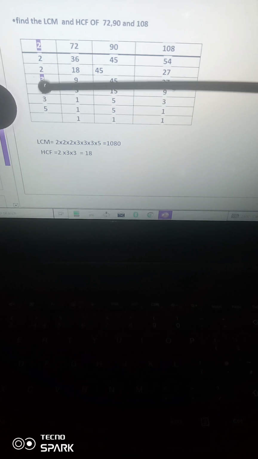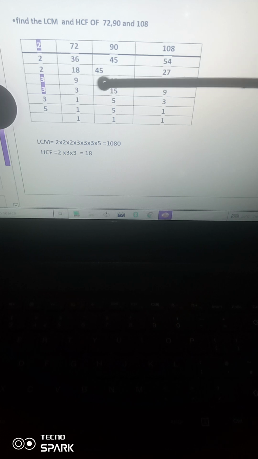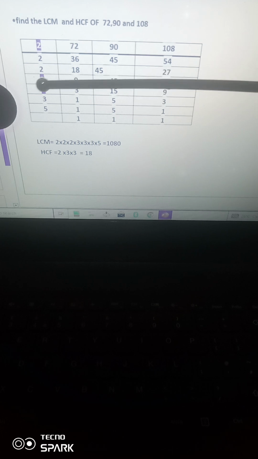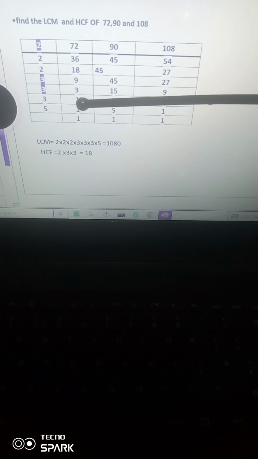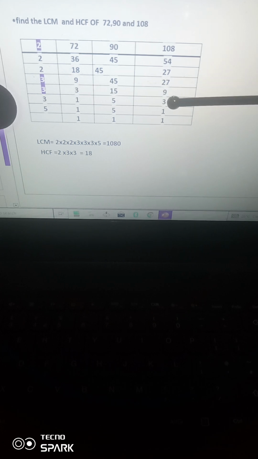9 divided by 3 is 3. 45 over 3 is 15. 27 divided by 3 is 9. We continue with 3. 3 divided by 3 is 1. 15 divided by 3 is 5. And 9 divided by 3 is 3.